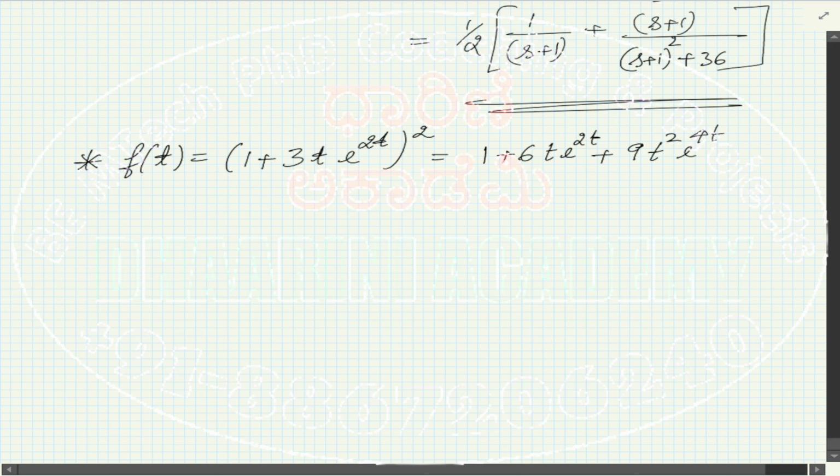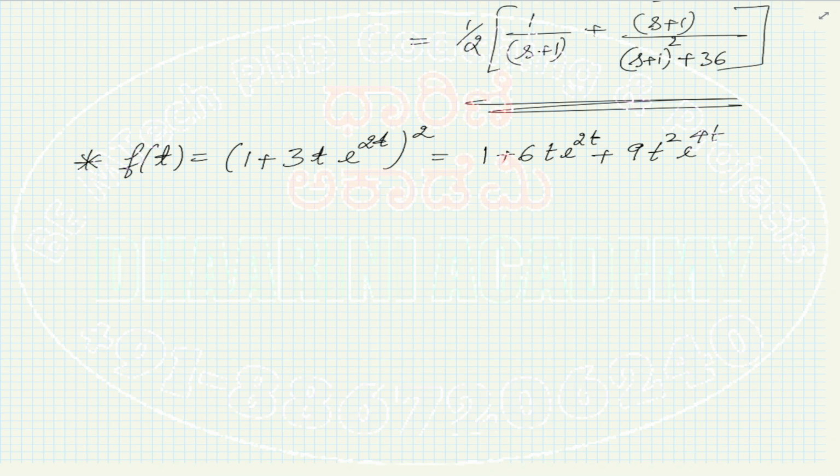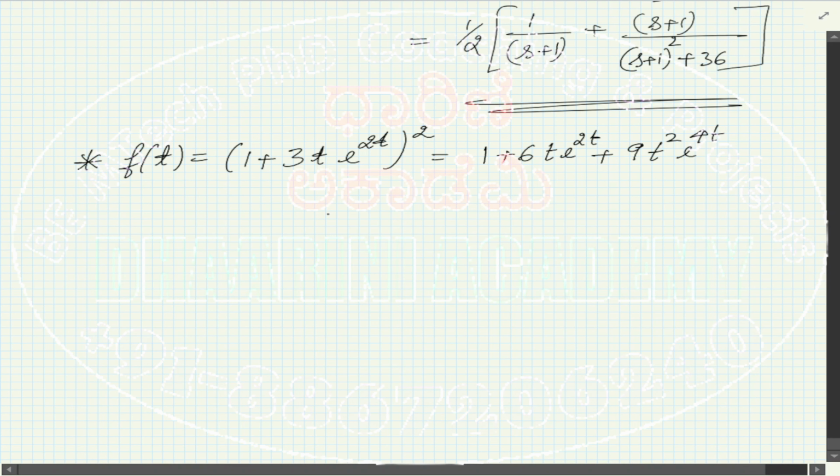Now the Laplace needs to be taken in separate form. For 1, the Laplace is 1 by s. Next I need to take care of 6t into e to the 2t.